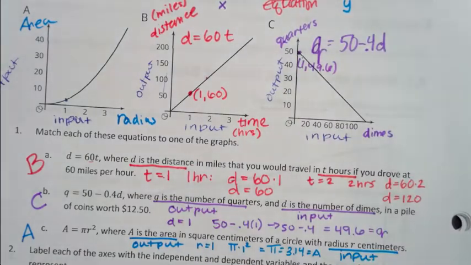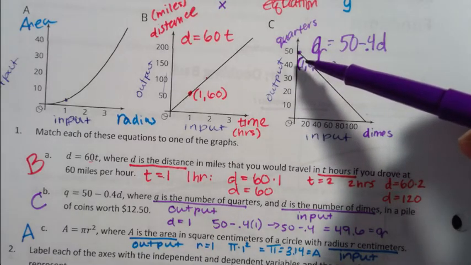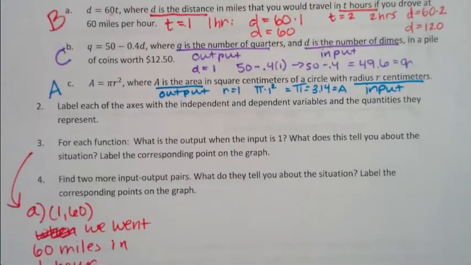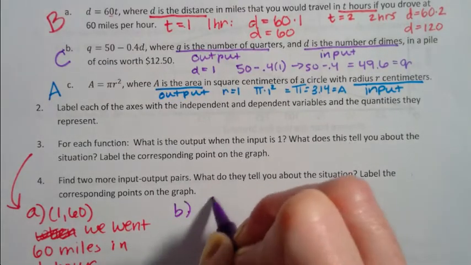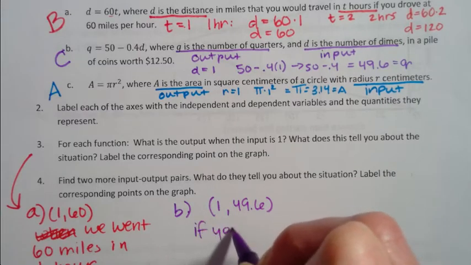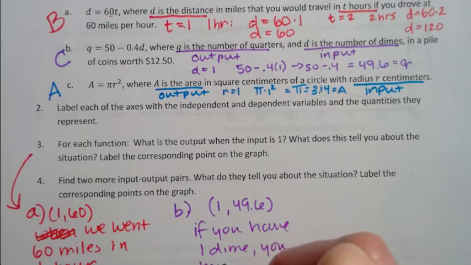So do your best to kind of mark that spot. And what that means is when I had 1 dime, I had 49.6 quarters, which actually is impossible, but for the purpose of the graph, we're just going to kind of go with it. Okay, so B, our point was 1 and 49.6. If you have 1 dime, you have 49.6 quarters.